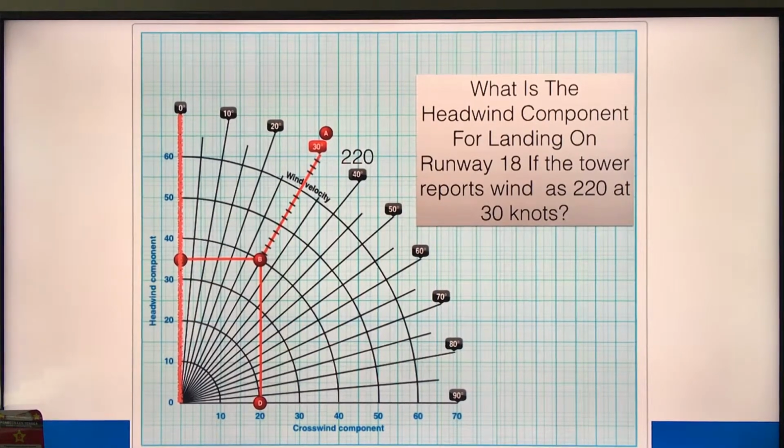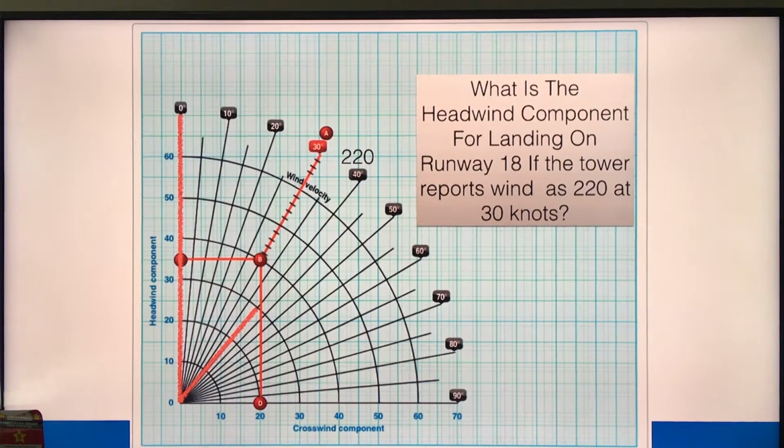The wind is 40 degrees off our runway. Now we can take our wind velocity right there that we see of 30 knots and draw it straight out to that wind velocity arc. You see those different arcs there? There's a 10, there's a 20, there's a 30, and you see how they arc out there.